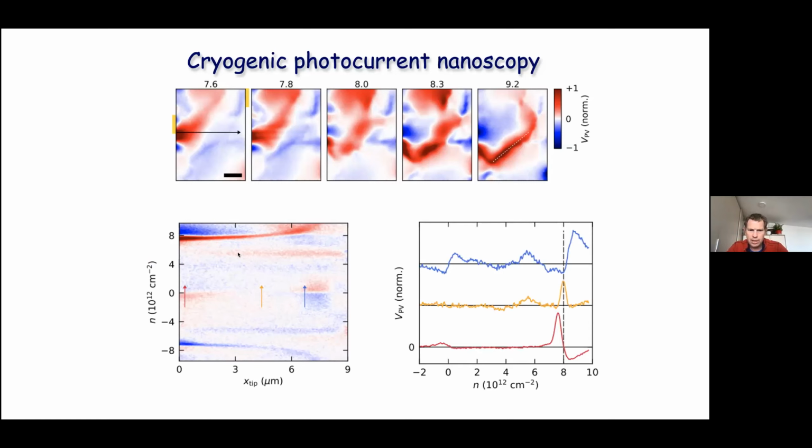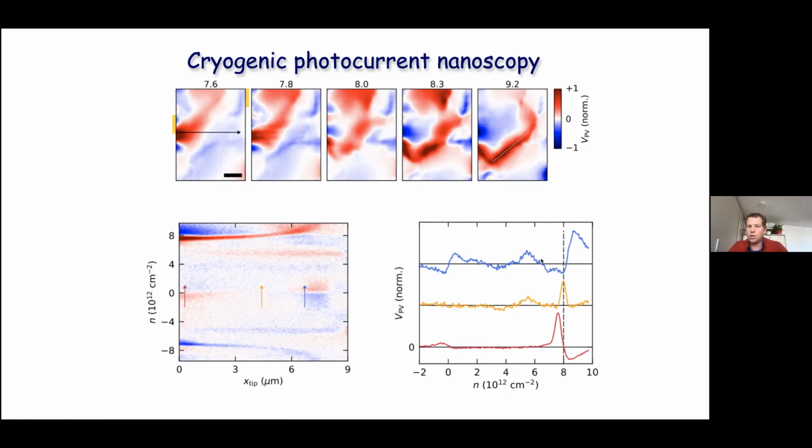We can now plot the Seebeck coefficient for different tip positions, shown over here. Indeed, this red curve shows a peak and a dip. For different locations, it looks a little more complicated, because we are not only probing the Seebeck coefficient locally, but we are probing gradients of the Seebeck coefficient.